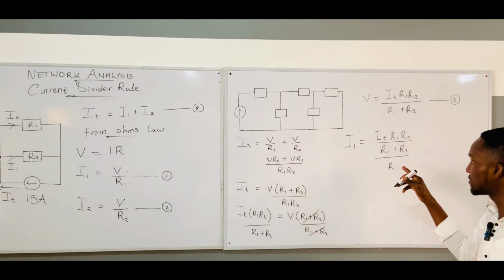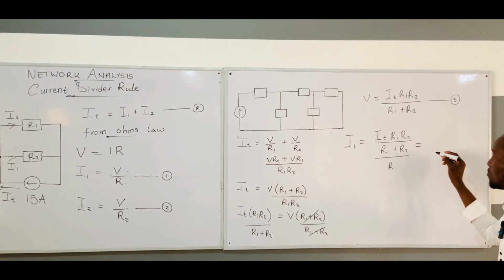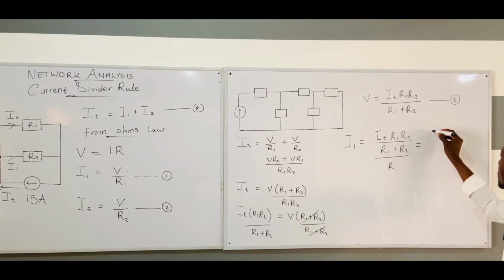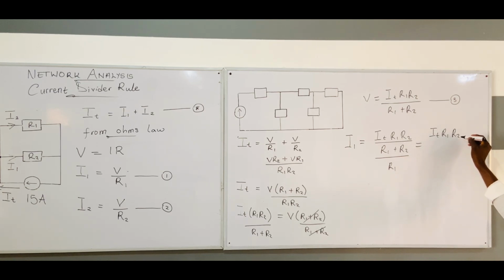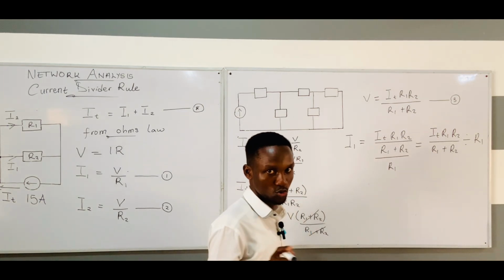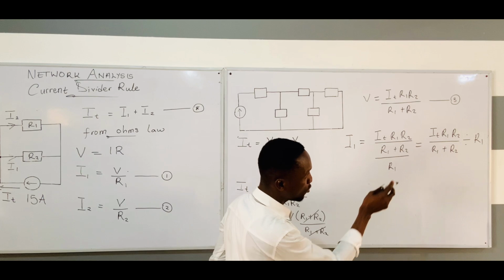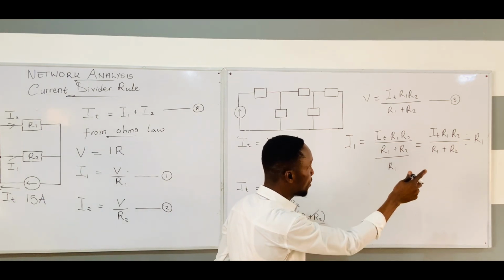Another way you can put this equation is to do it this way. You have your IT R1 R2 all over R1 plus R2 divided by this R1, which I have here. The next thing I'll do is that I will reciprocate the R1 there.